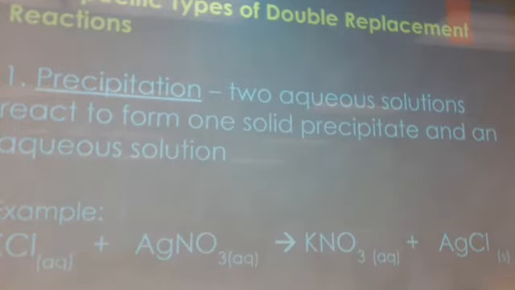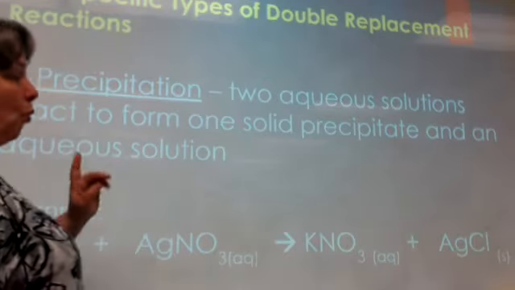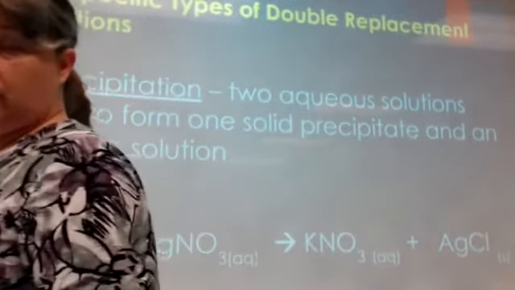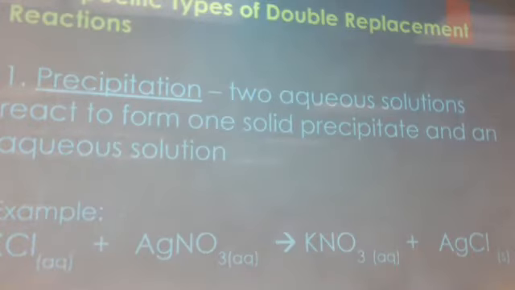In a precipitation reaction, we're going to take two aqueous solutions, in other words, ionic compounds that are dissolved. We're going to mix them together, and we're going to find out that one of the products will be a solid, also known as a precipitate.